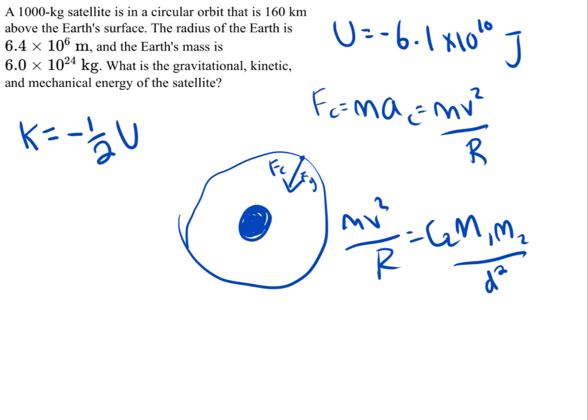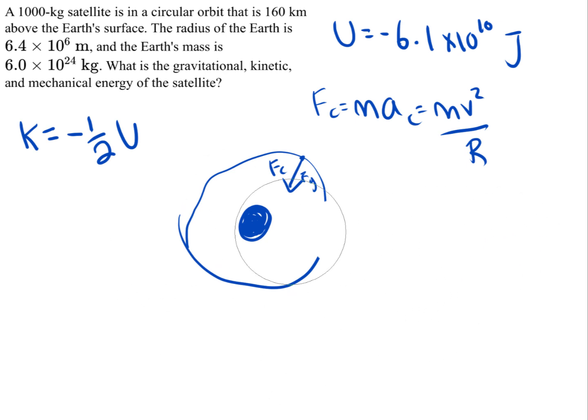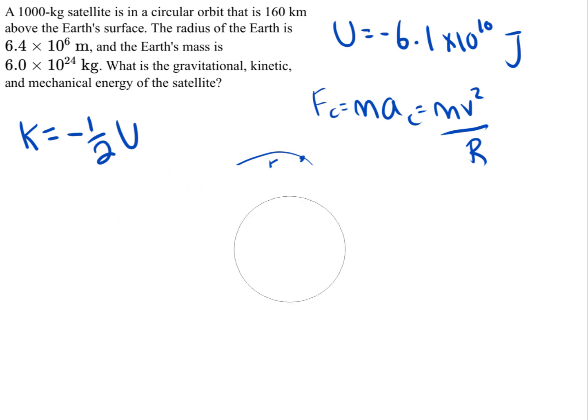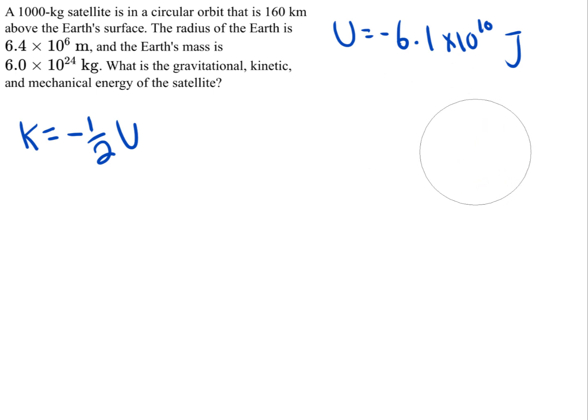The masses cancel and you get v squared over r equals this quantity here. And we're assuming these two quantities to be almost the same. This is basically how kinetic energy is derived. From there, you can solve for v squared over r, plug it into the equation for kinetic energy, and then you can find this right over here.